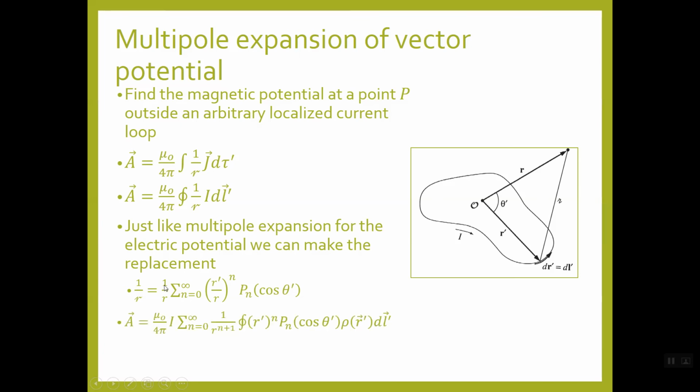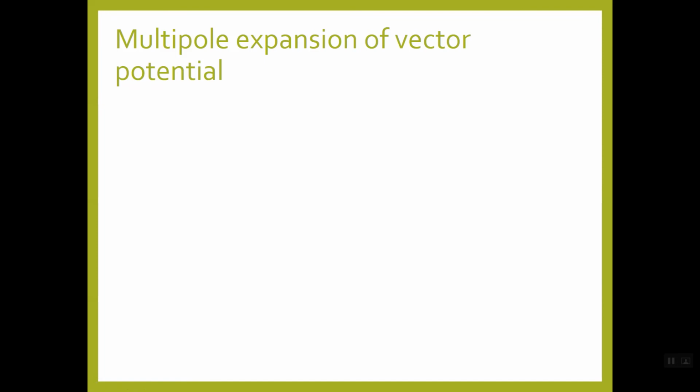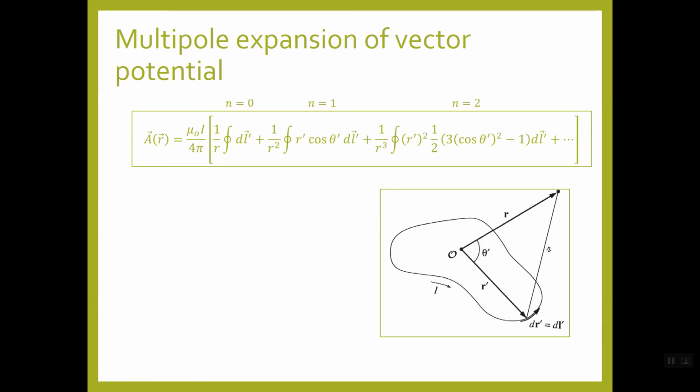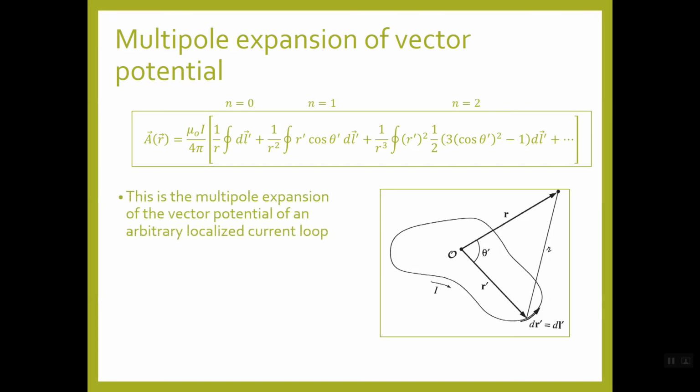So I plug 1 over the separation vector into the integral, do the sum, and I get these terms. This is the multipole expansion of the vector potential of an arbitrary localized current loop.